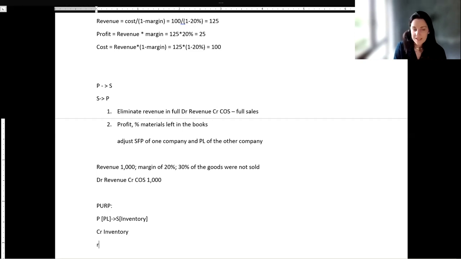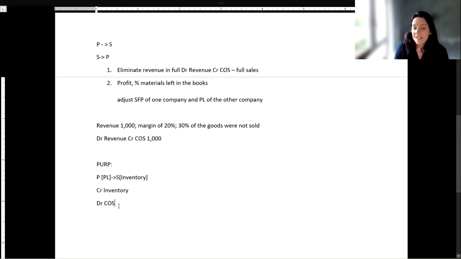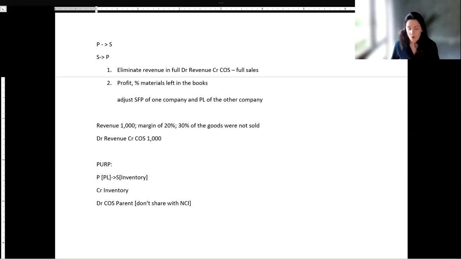And we also need to debit P&L, debit cost of sales. And as we debit cost of sales of the parent, we don't share with NCI because it is parent's profit, not subsidiary's.